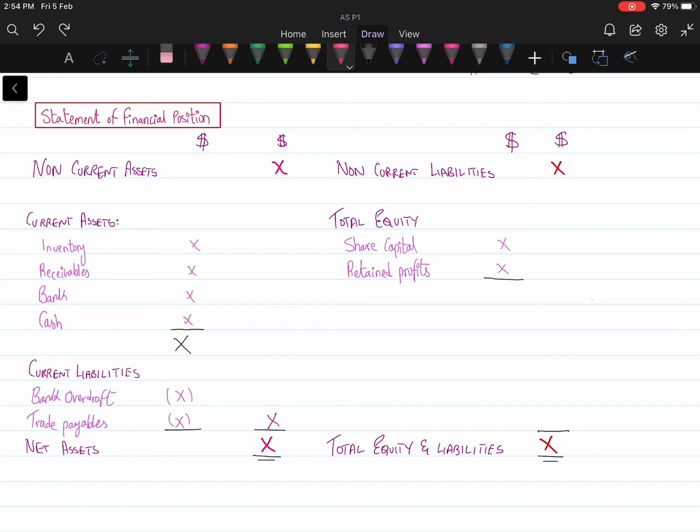So what you do is you add all these current assets to get a total of the current assets that you have on the last date of the financial accounting period. All right. So these are your total current assets. Now what you do is you subtract the current liabilities from these current assets. Bank overdraft and trade payables, you subtract them, and then you get an amount that is known as working capital.